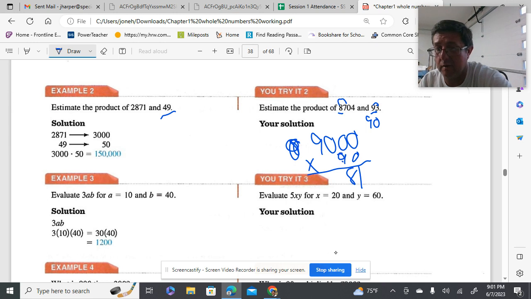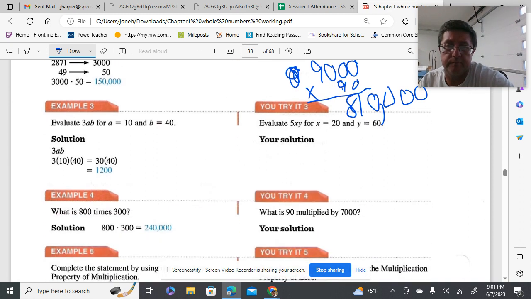So you go 9 times 9 is 81. Then you just count the zeros. 1, 2, 3, 4. Now we go 3 over this way, we put a comma. So our answer would be 810,000. Pretty easy still to do.